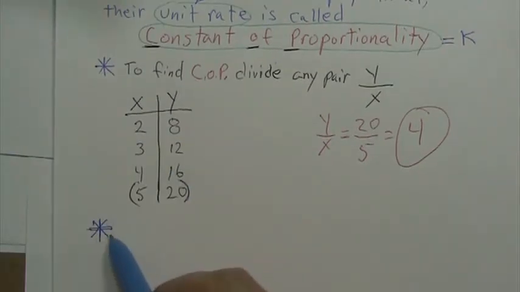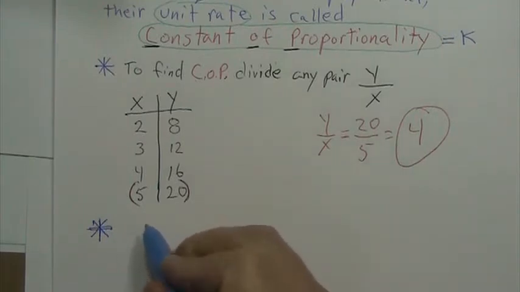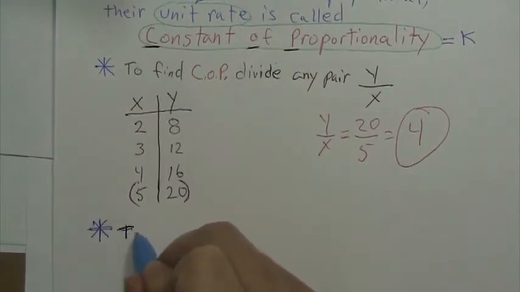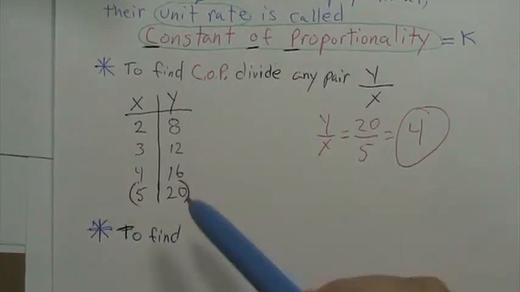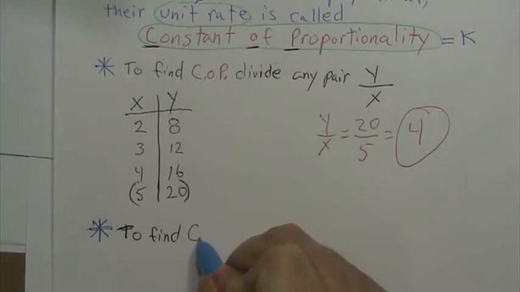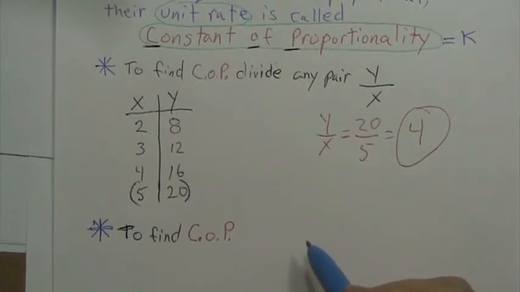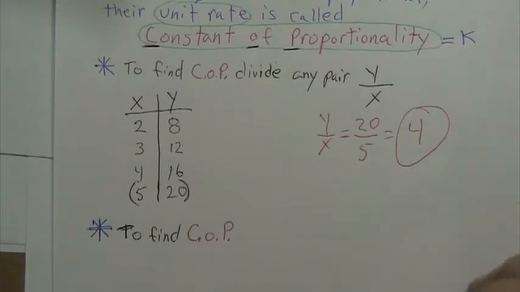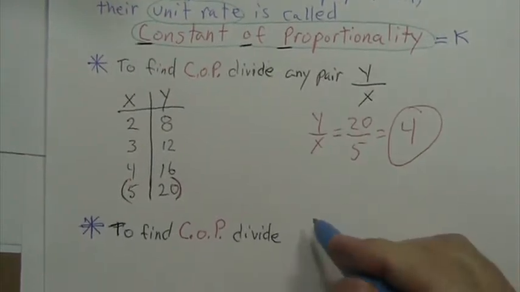Okay, here's our second way to find COP, constant of proportionality. So I just put another asterisk there. I'm going to say the same thing above. To find COP, I will divide, but it's a little bit different now. Okay, now I'm going to use this symbol.